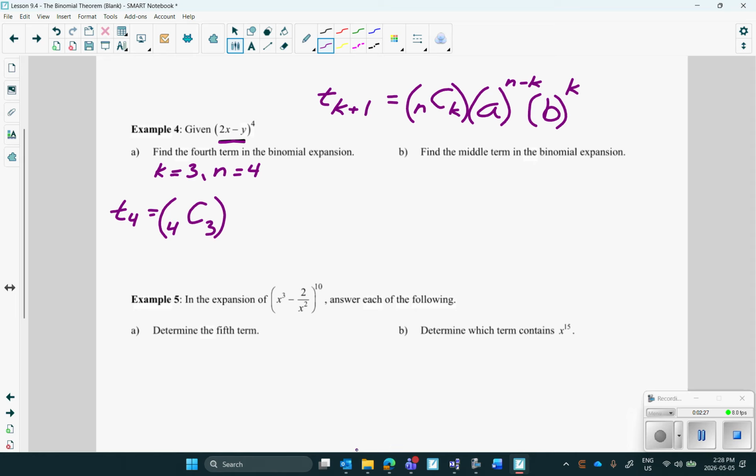Whatever the first term of the binomial is, which in this case is 2x, raised to the 4 minus 3, times whatever the second term is, don't forget the negative, raised to the k, which is 3. So this gives us, what's 4 choose 3? 4.